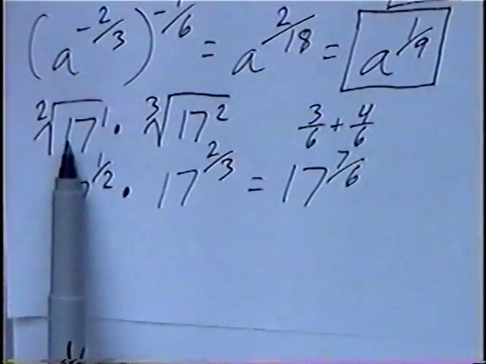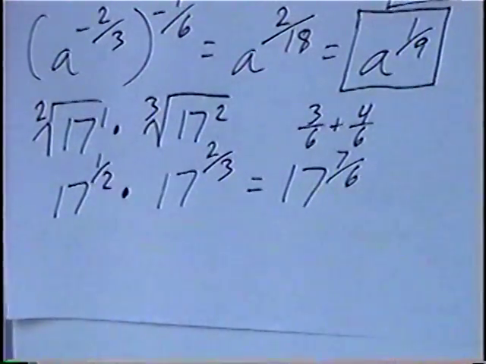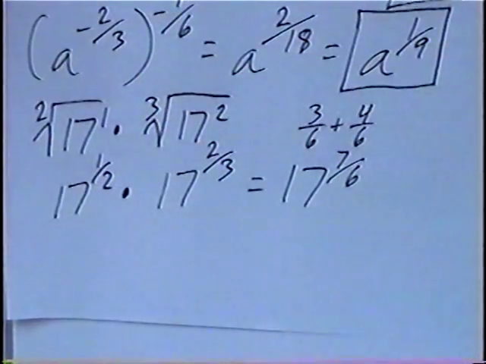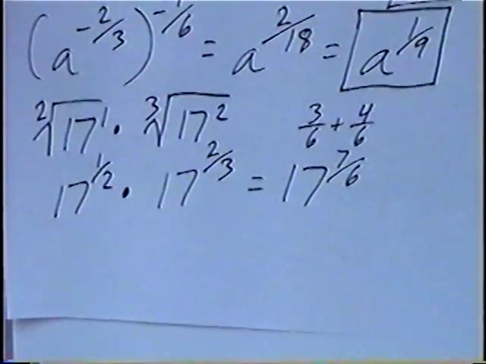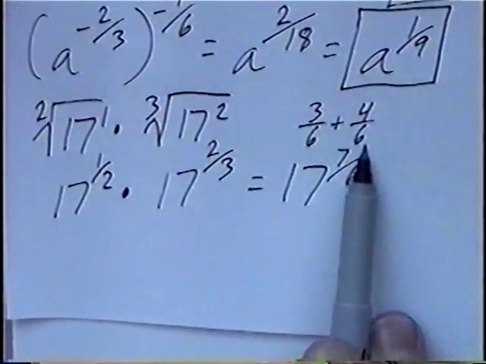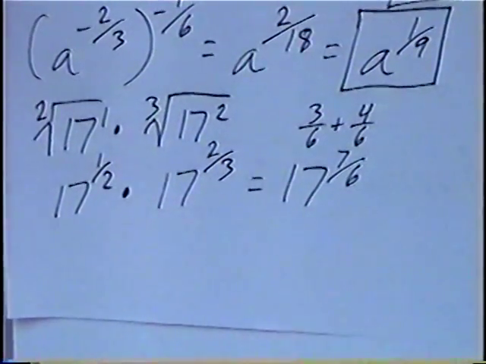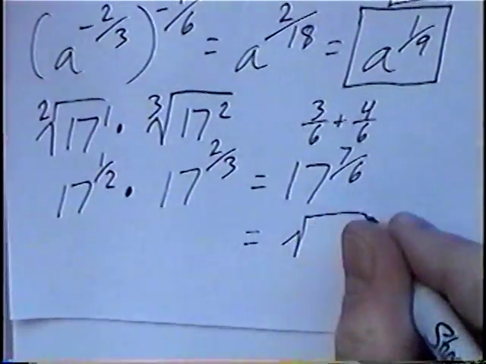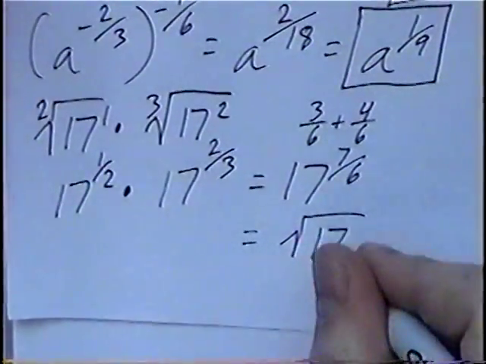And again, you cannot multiply radicals if they have different roots, but changing them into exponential form, we can combine exponents as long as they have the same base. And again, in exponential form, fractions are okay, but if we have an improper fraction, like 7 over 6, we can simplify that by putting it back into radical form.